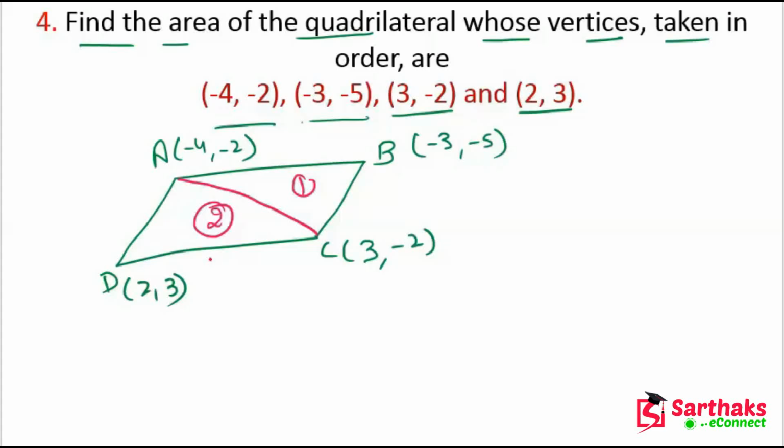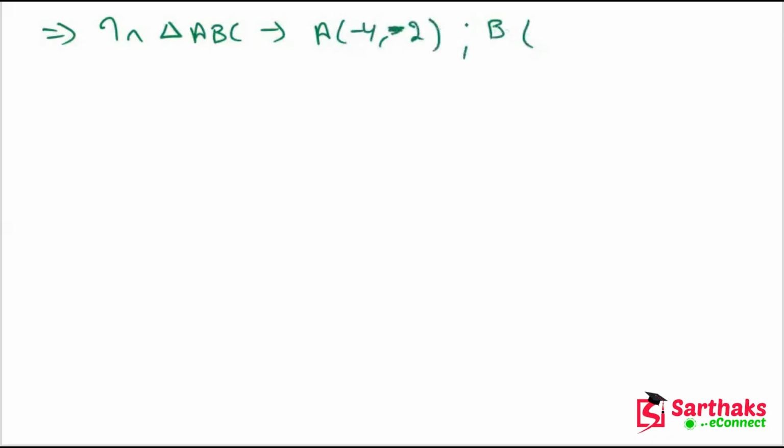Okay, so let's start finding the area of the quadrilateral. In triangle ABC, we have the coordinates A is (-4, -2), B is (-3, -5) and C is (3, -2).